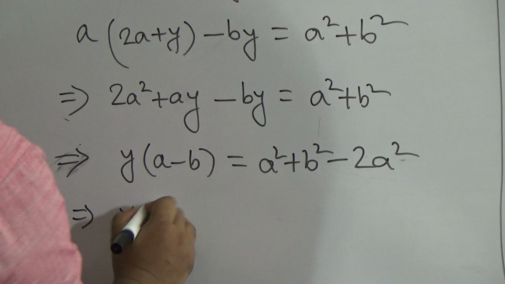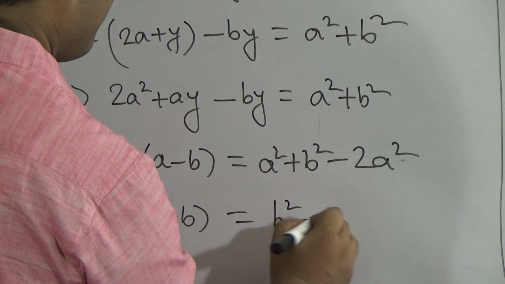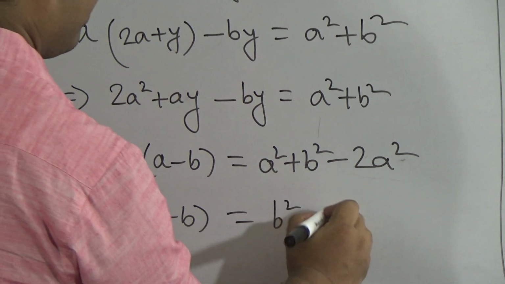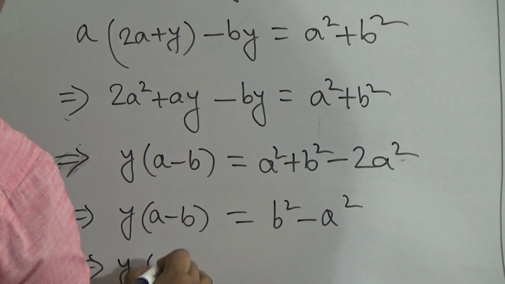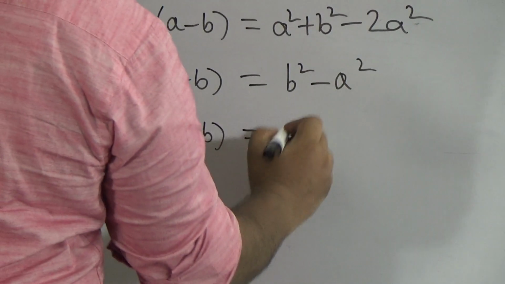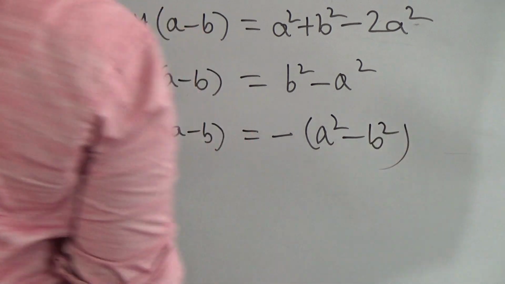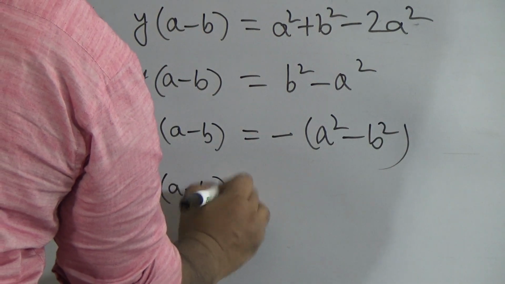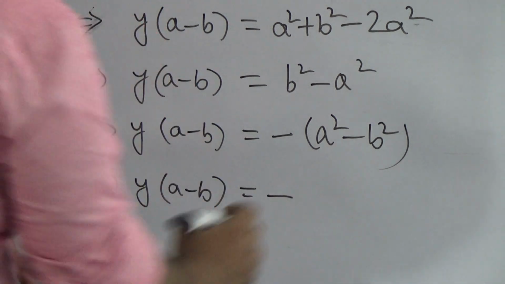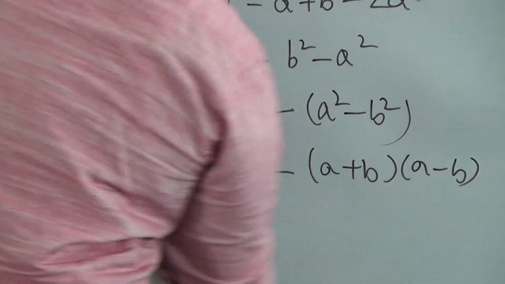Then y into a minus b equals b square minus, if we subtract, a square. Now we take minus common and are left with a square minus b square. Then y into a minus b equals minus, and we write this as a plus b into a minus b.